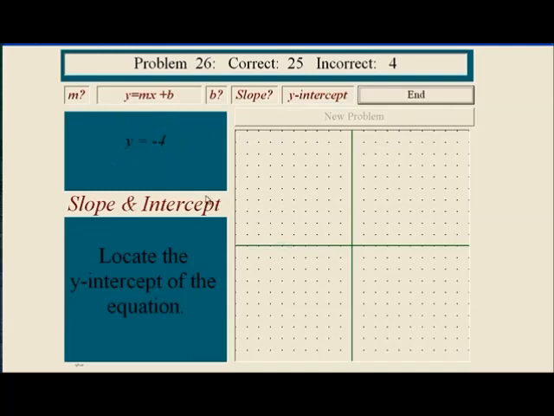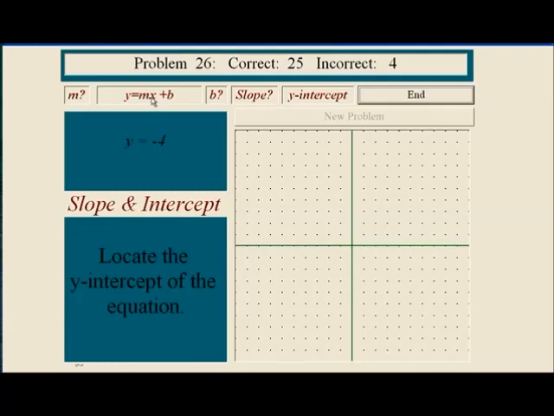Now, a lot of times, if I were in the lab, somebody runs across this problem, their hand is up, because what is this negative 4? Compare it to this pattern. Y is y, equal, equal. Do you see an x here? I don't. So, what would have to be the value of the m in order for the x to disappear?